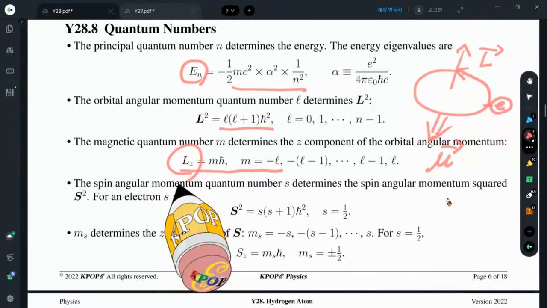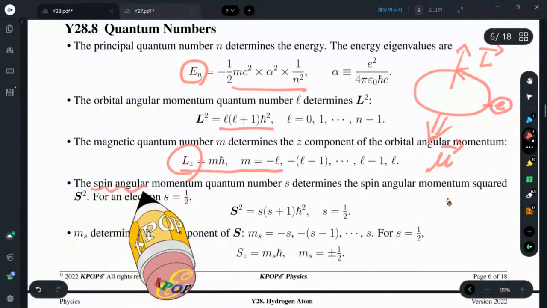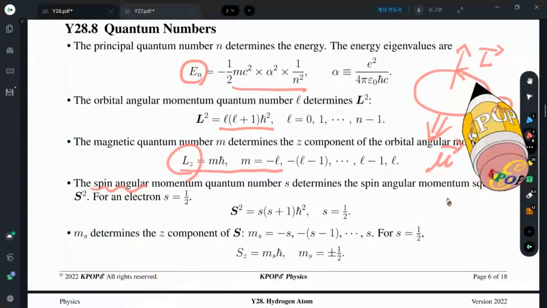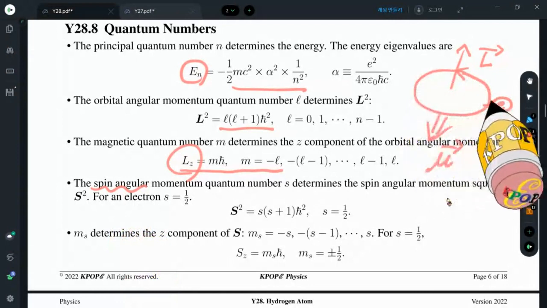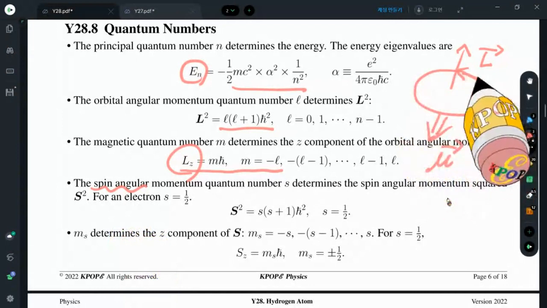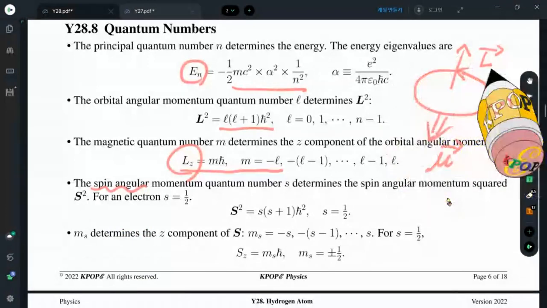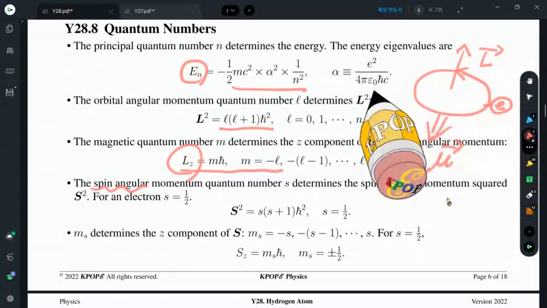In addition, in classical mechanics, there is no spin angular momentum. Spin angular momentum was found. What is spin? Orbital angular momentum is created by actual orbital motion in space, circular motion or elliptic motion, whatever.